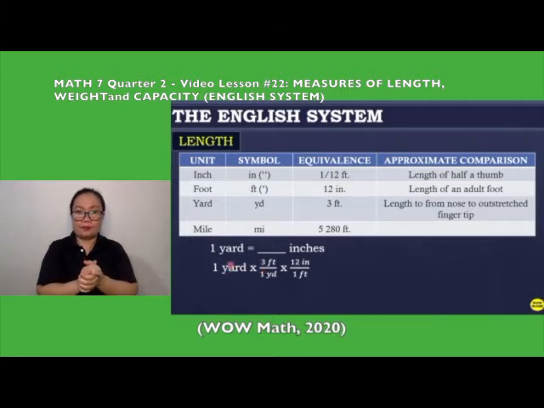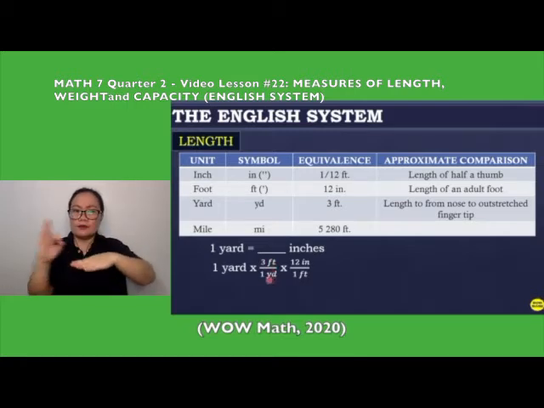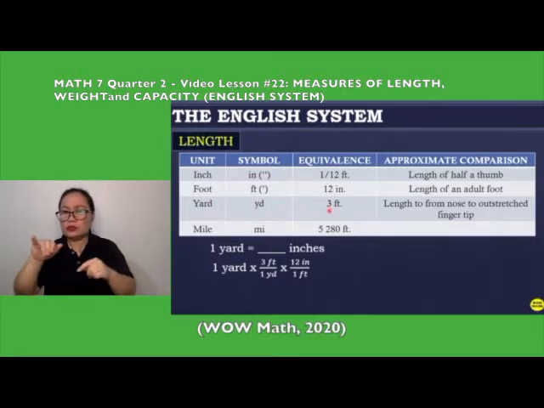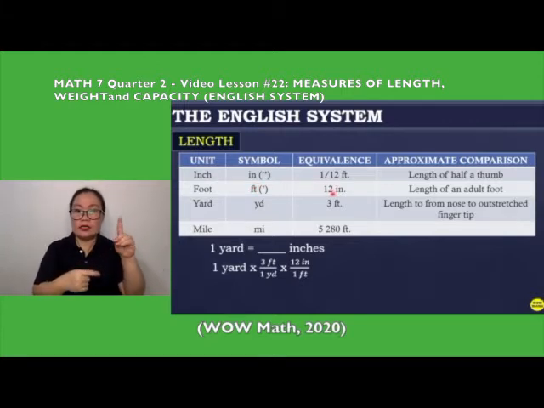Okay? Now, for every 1 yard, hanap tayo dito ng equivalence ng yard to feet. Okay? Ma'am, bakit hindi yard to inches? Okay, wala tayong yard to inches dito. Yard to feet muna. Tapos, pag gawa mo na siyang feet, saka mo siya magagawang inches.